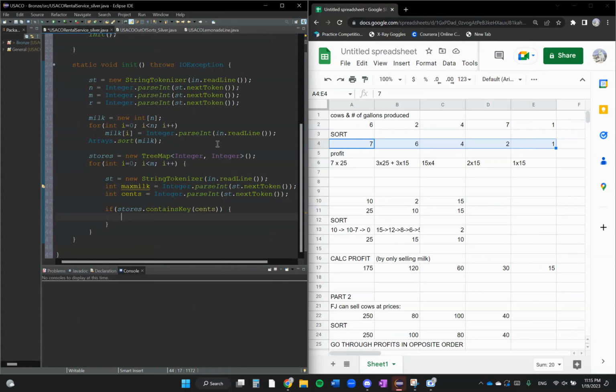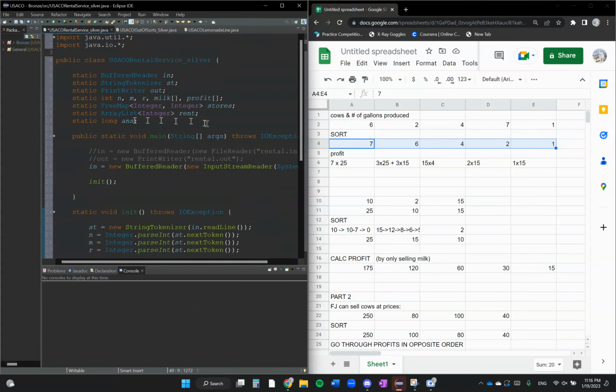They might as well just be one store that buys more milk, but buys each milk for the same amount of cents. So stores.put(cents, stores.get(cents) + max milk). Else, stores.put(cents, max milk). Okay.